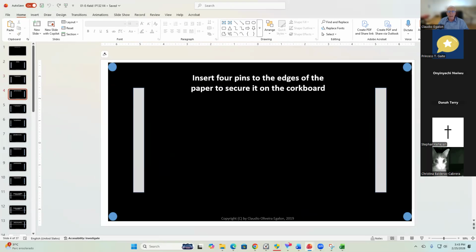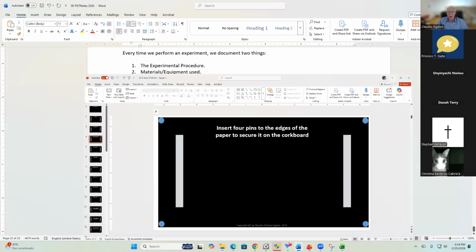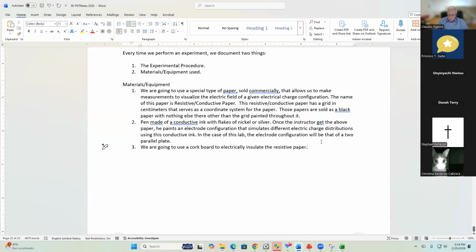Next, insert 4 pins at the edges of the paper to secure it on the cork board. Those pins are metallic pins. So 4 metallic pins to secure the paper over the cork board.